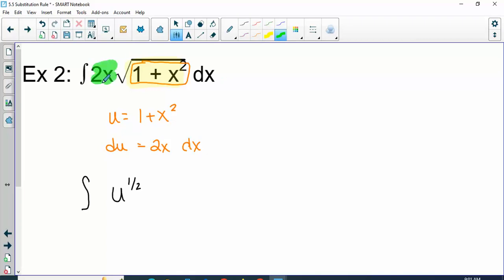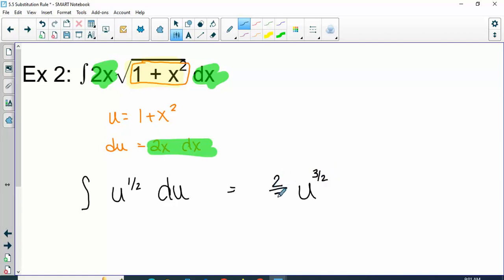And I have 2x dx, but 2x dx is equal to du. Now this is a much simpler problem that we can do the antiderivative of. Antiderivative, we add 1 to the power, so 1/2 plus 1, 3/2. We put the reciprocal in front, so that would be 2/3 plus c.